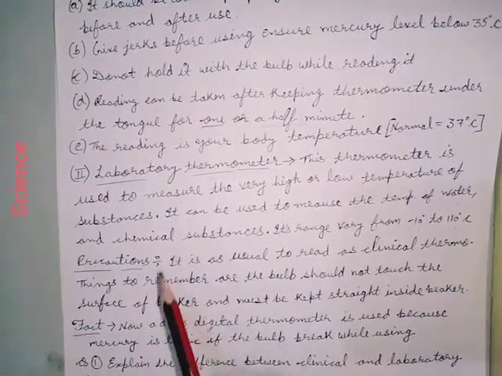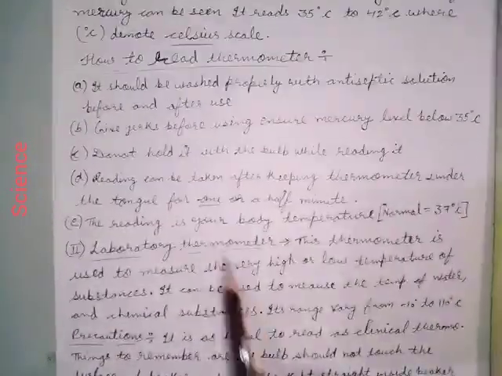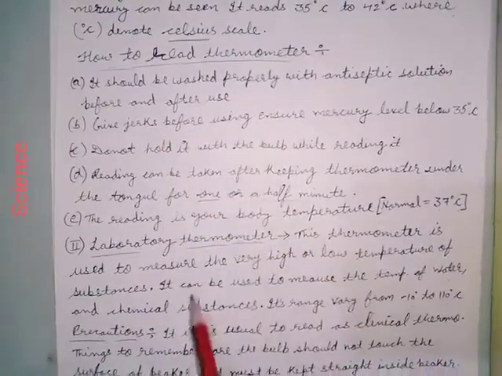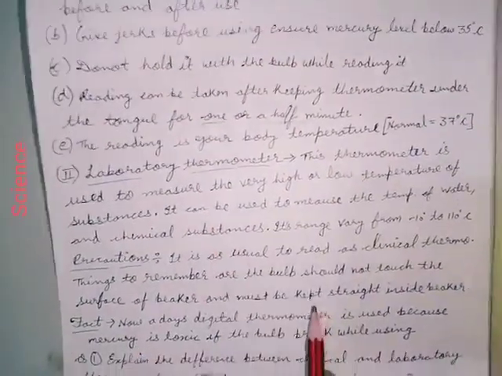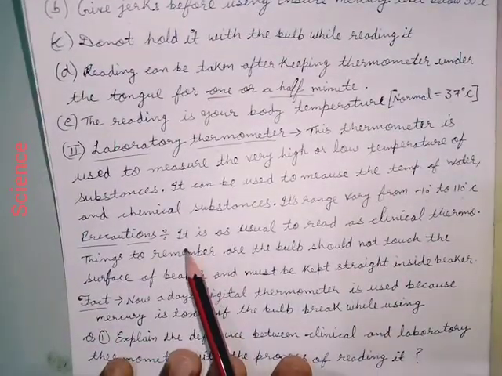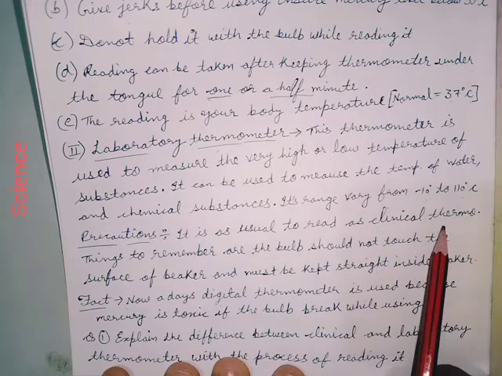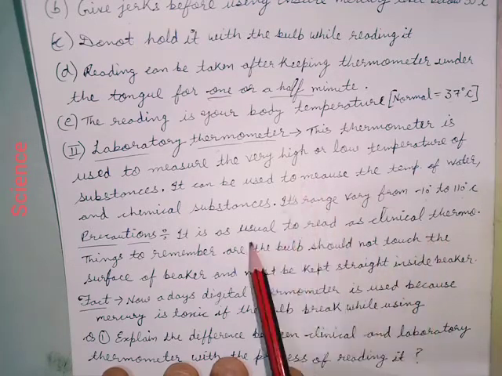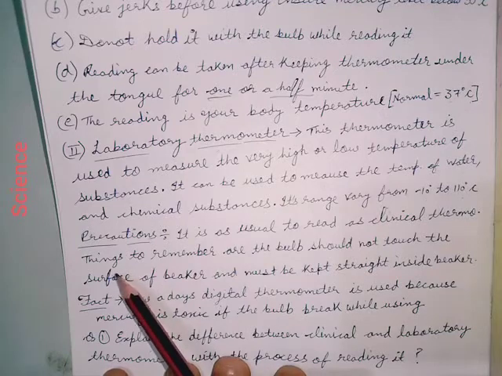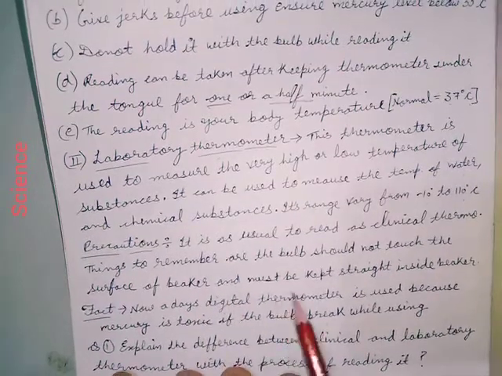Some more precautions while using the laboratory thermometer. The precautions are the same as for the clinical thermometer, but there are some additional ones. The bulb should not touch the surface of the beaker and must be kept straight inside the beaker.